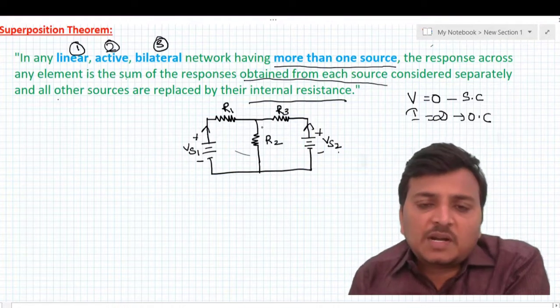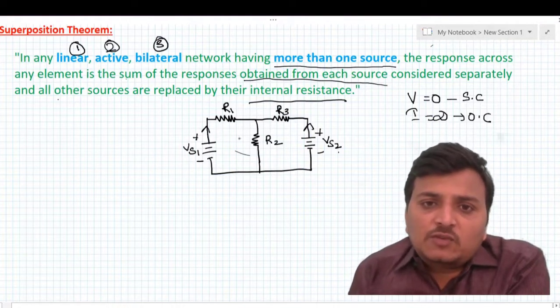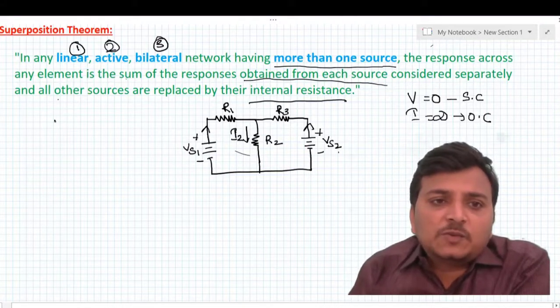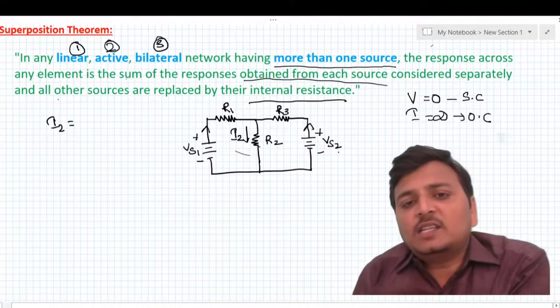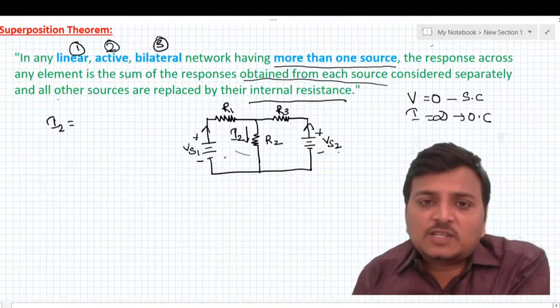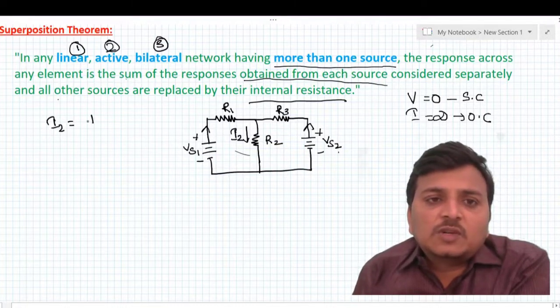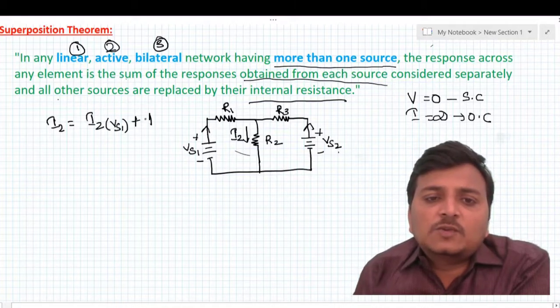Now according to the statement, suppose I want to find the response at resistor R2, that is, the current I2. The total response I2 I can find by finding the individual response considering one source at a time. So the total response I2 is equal to the current I2 due to the voltage source VS1, plus the current I2 in the branch of resistor R2 due to the voltage source VS2.